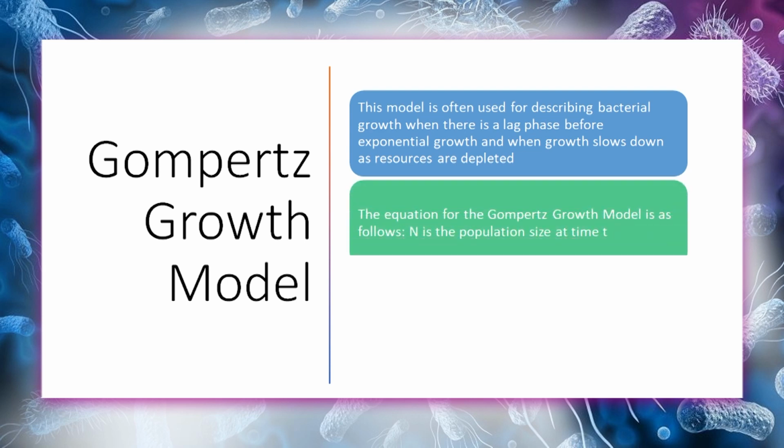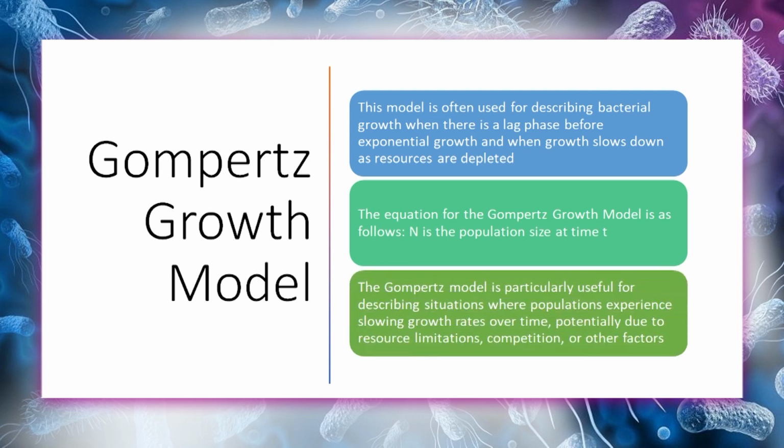The equation is as follows: Nt is equal to N0 into e raised to minus e raised to mu max into e upon N0 into t minus t lag, where Nt is the population size at time t and N0 is the initial population size, mu max is the maximum specific growth rate, t lag is the duration of lag phase and here t is the time.